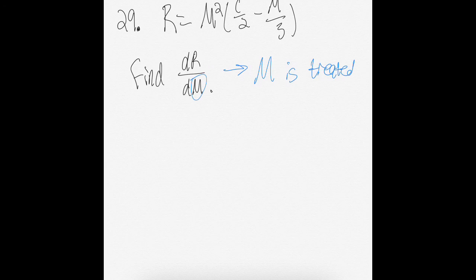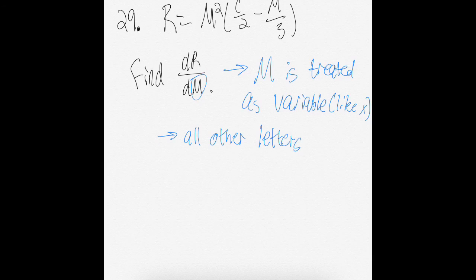Since it says dm, this means m is treated as a variable. So m is being treated here like x, and all other letters are treated as constants. Okay, so c, for example, is a variable in this problem, right? Actually, it does say that c is a positive constant.